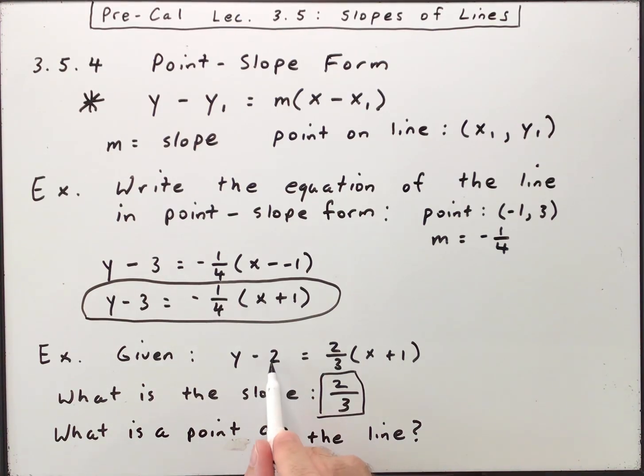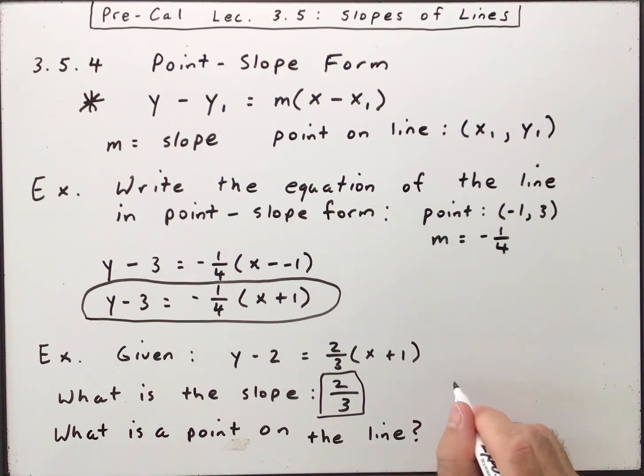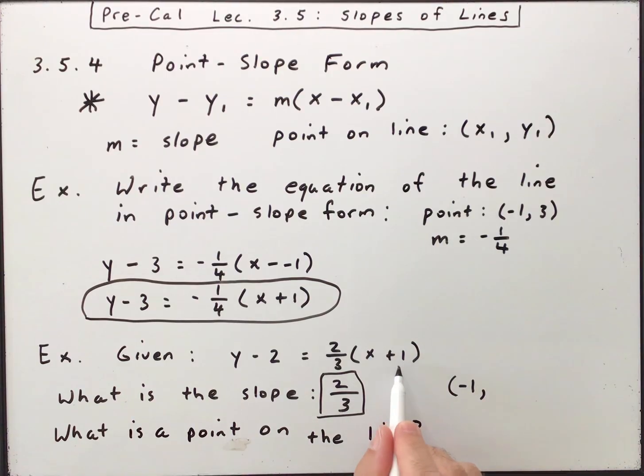Okay, well, a point on the line, you take the opposite sign of these 2 points. So the x point is -1, the opposite sign right here. Now, if this were just x and there wasn't a plus or a minus something there, the point would be 0. x is equal to 0.